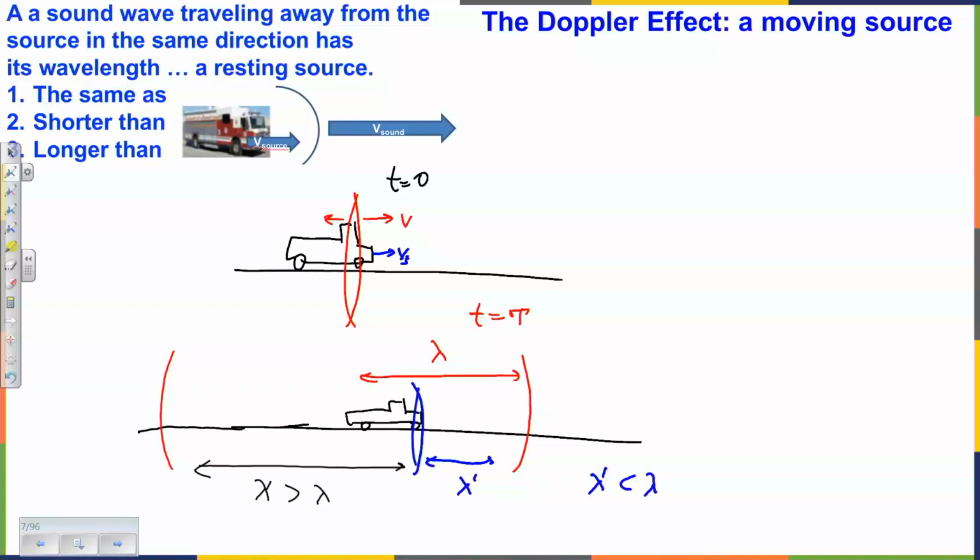By how much? Well, the distance traveled by the source equals the speed of the source times time, which is that very period we waited.